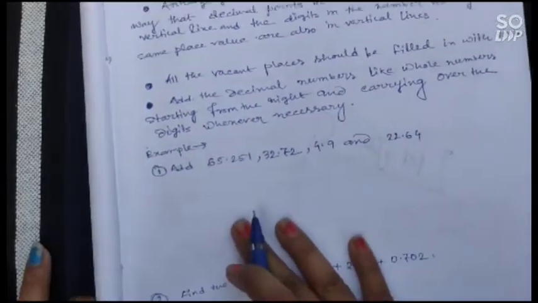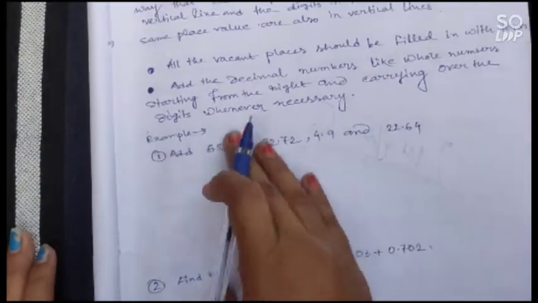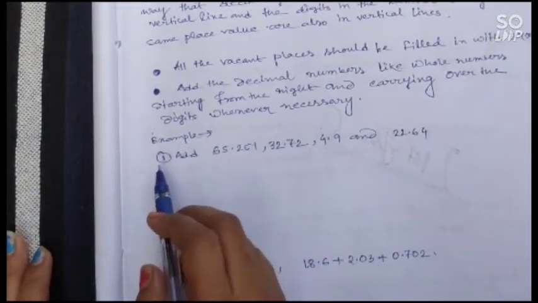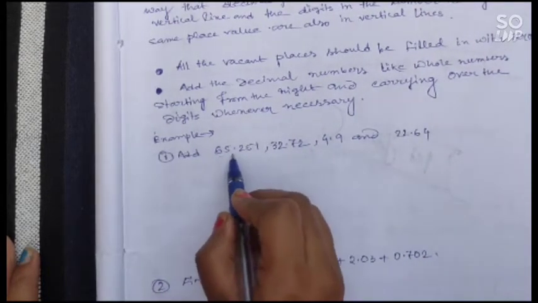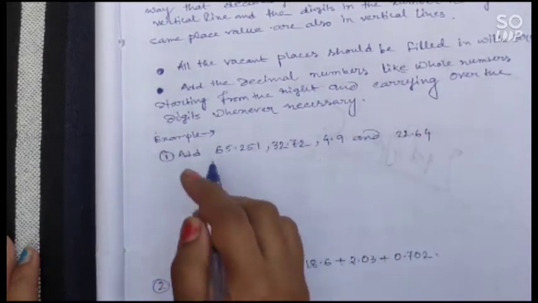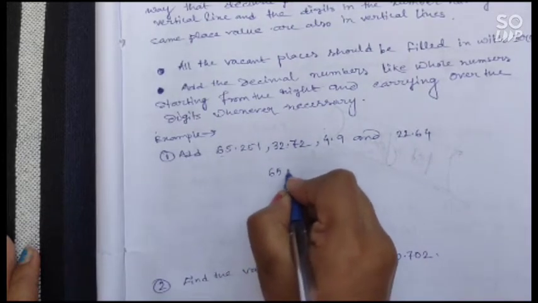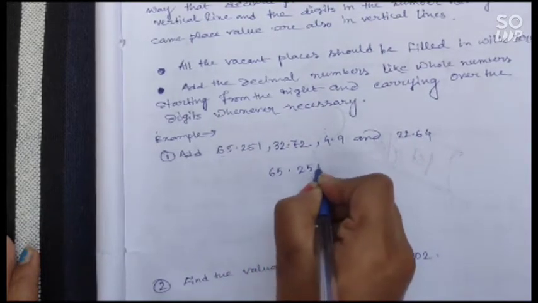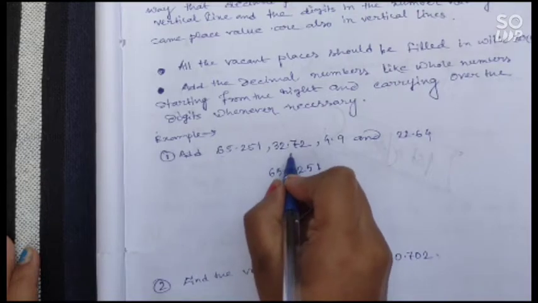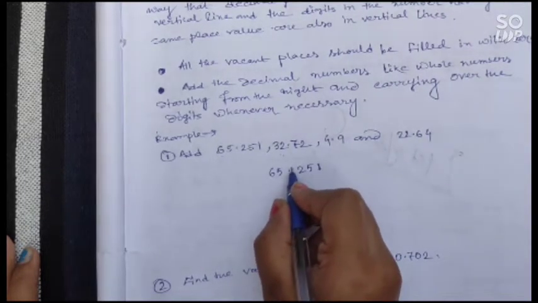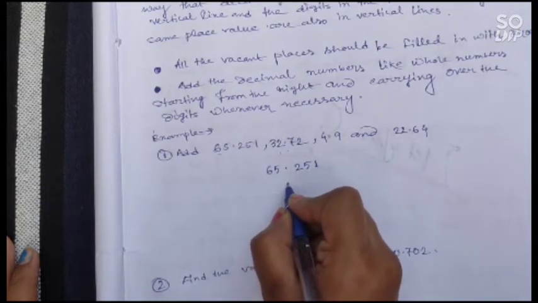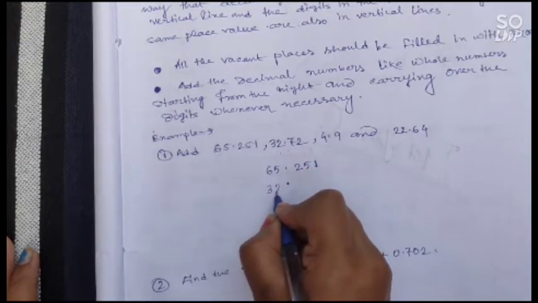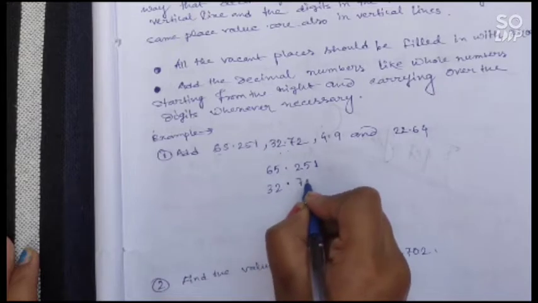Okay, so let us see some examples. I will show you how you can arrange the decimal numbers. Add these decimal numbers. So first one is 65.251. Next one 32.72. I have told you just before that the point will be in the same vertical line. So the point will be here, 32.7 tenths, 2 hundredths.